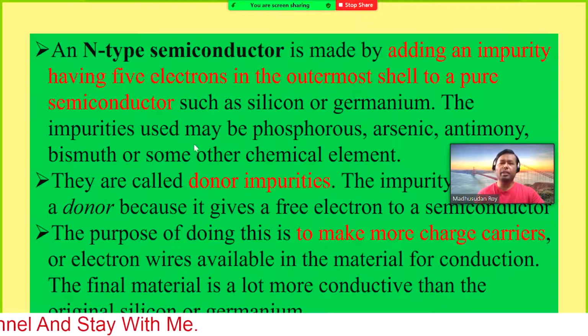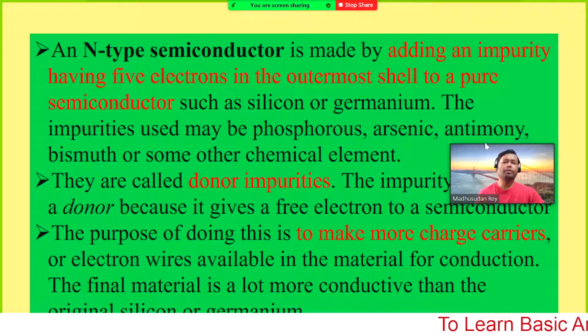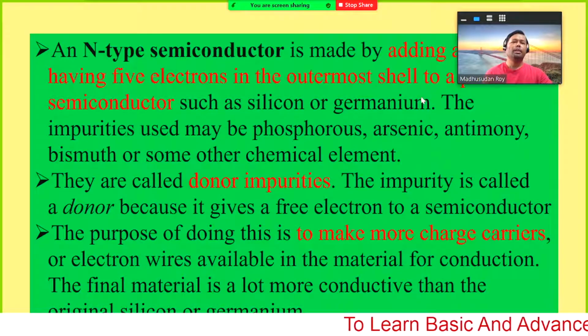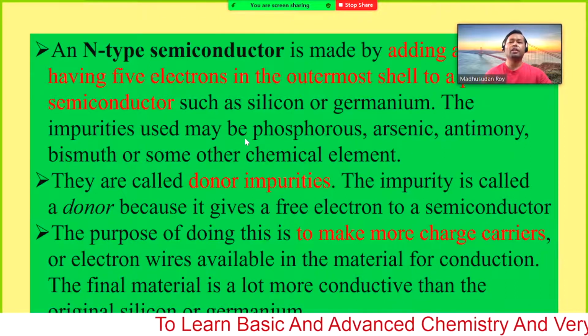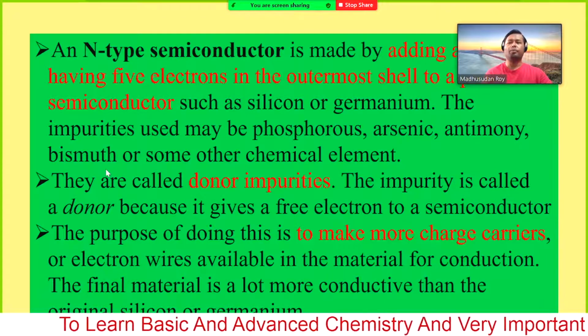The impurities used may be phosphorus, arsenic, antimony, bismuth, or some other chemical element having 5 electrons. Most of these elements are in our periodic table: phosphorus, arsenic, antimony, bismuth.